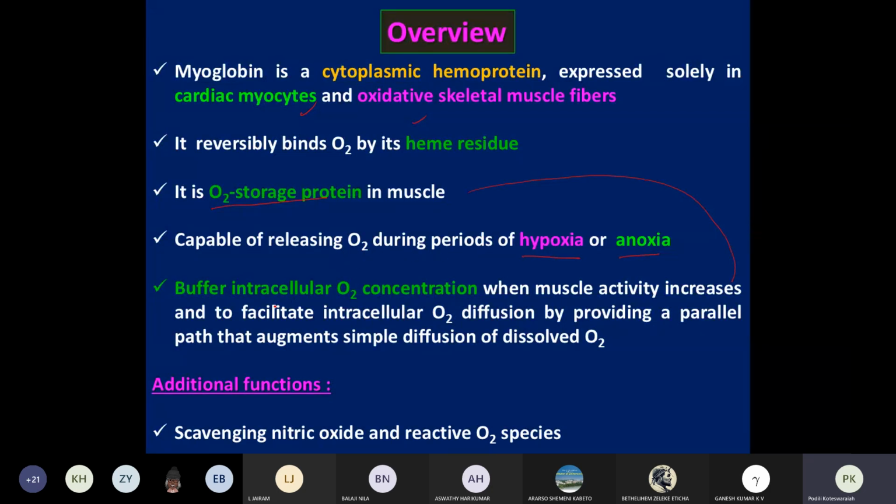And the third one, it also maintains the intracellular O2 concentration in the skeletal muscle. That means it buffers the intracellular O2 concentration. So it has an O2 storage function, it releases oxygen during hypoxia or anoxia, and as a result it maintains the intracellular O2 concentration in the skeletal muscle.